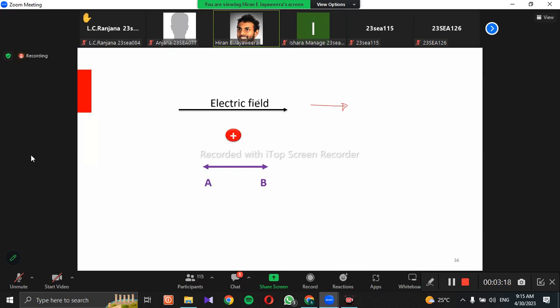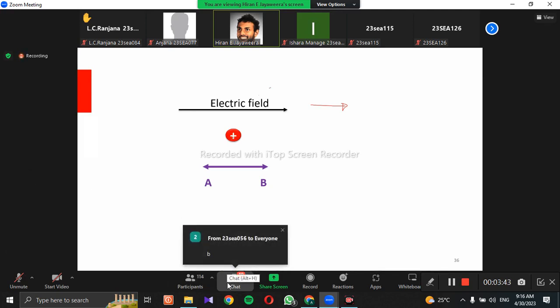Will it move or remain stationary? If it moves, tell me the direction, is it A or B? Okay, good.